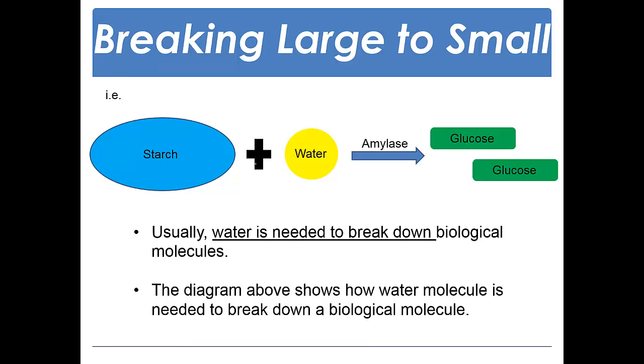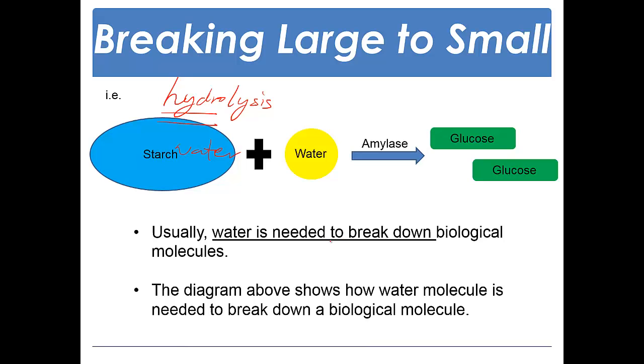In fact, when starch is broken down into glucose, a water molecule is needed to break down the starch, even with the amylase, and we call this reaction hydrolysis. Let's put down this hydrolysis. Hydro means something about water, so that's why we call it hydrolysis.